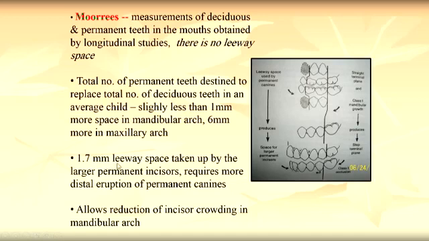The 1.7 millimeter leeway space is taken by the larger permanent incisors, requiring more distal eruption of the permanent canine. This allows reduction of incisor crowding in the mandibular arch.